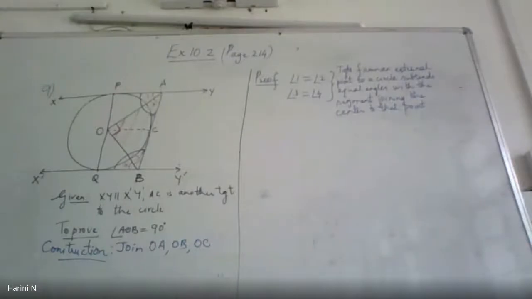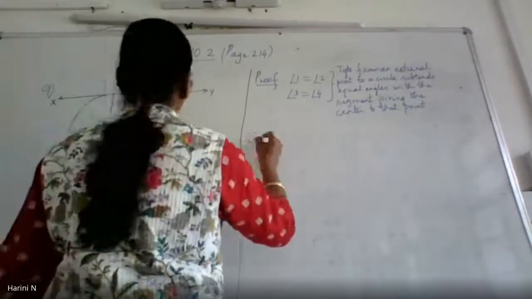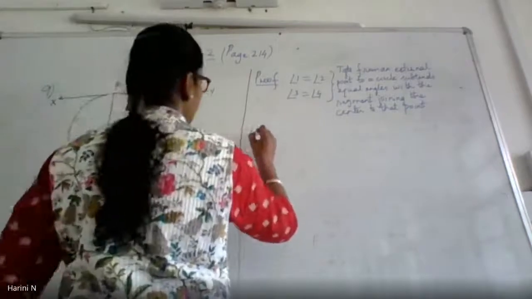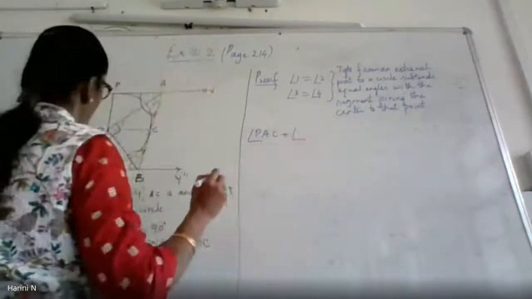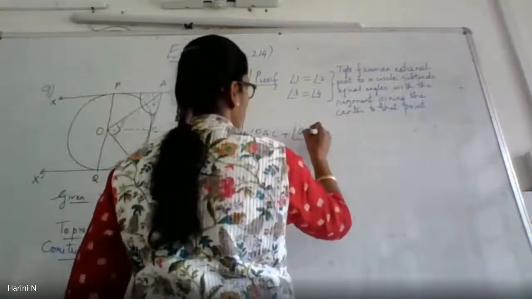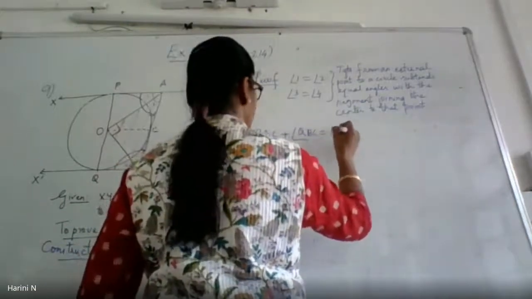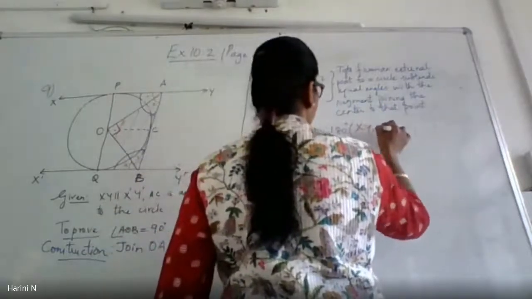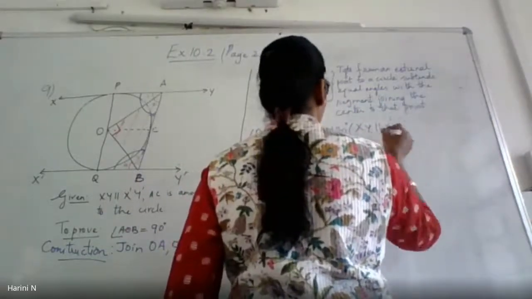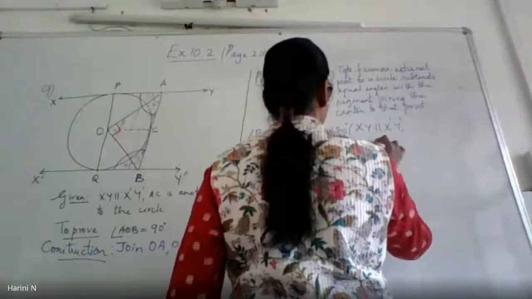Then I will say angle PAC plus angle QBC equals 180 degrees. Why? Because XY is parallel to X dash Y dash and AB is the transversal.